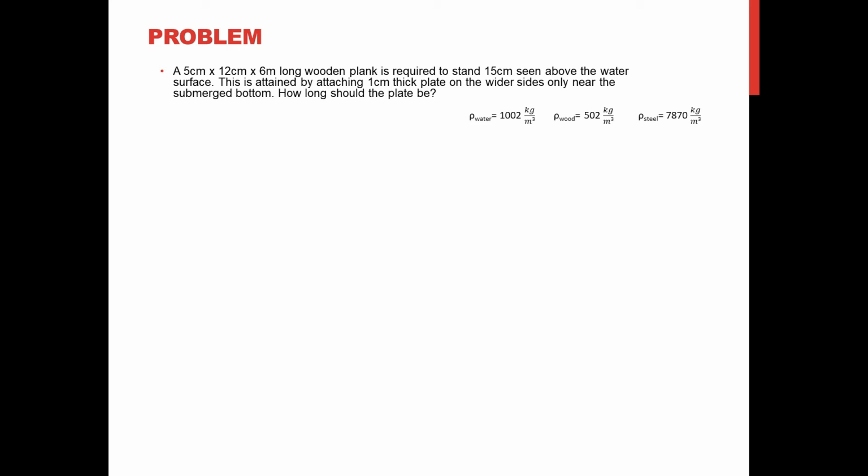Okay, so we also have the properties of the water, wood, and steel in terms of the density. So the rho for water is 1002 kg per cubic meter, and for wood, we have 502 kg per cubic meter, and for the steel, we have 7,870 kg per cubic meter.